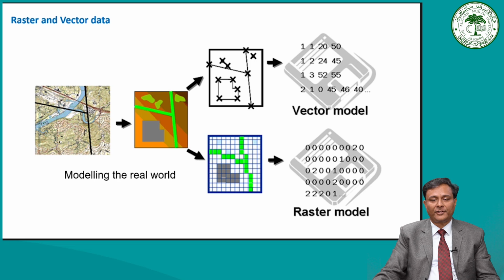So points represent features, lines represent features created with points, and polygons are an area closed from all sides and have no exit. That is how we assume the polygon would be behaving.